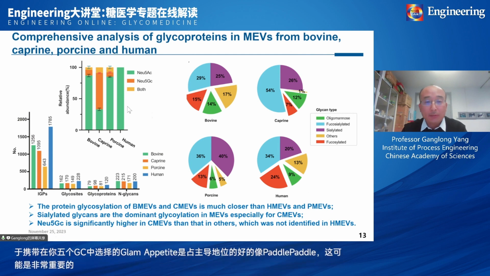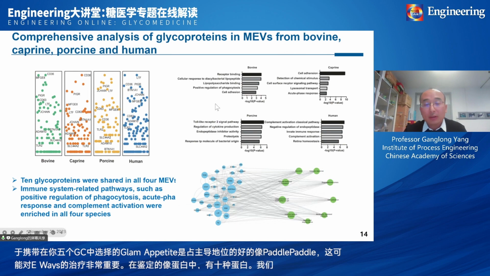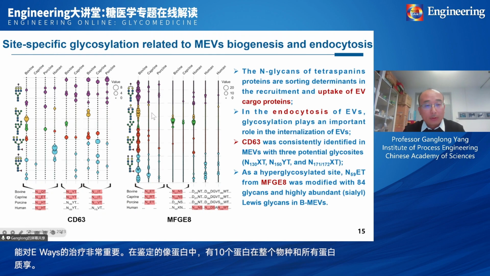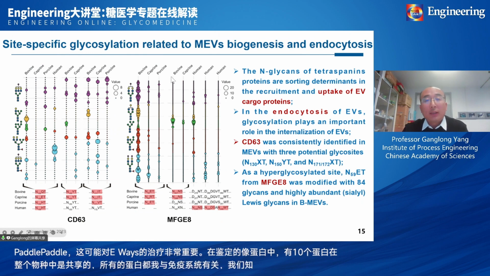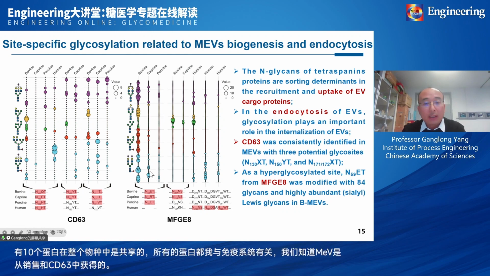of the EVs. In the identified glycoproteins, there are 10 proteins shared in the 4 species, and all the proteins were related to the immune system. We know the MEV biogenesis is from the cells, and CD63 is related to the MEV biogenesis, and the protein MFGE8 was related to endocytosis.